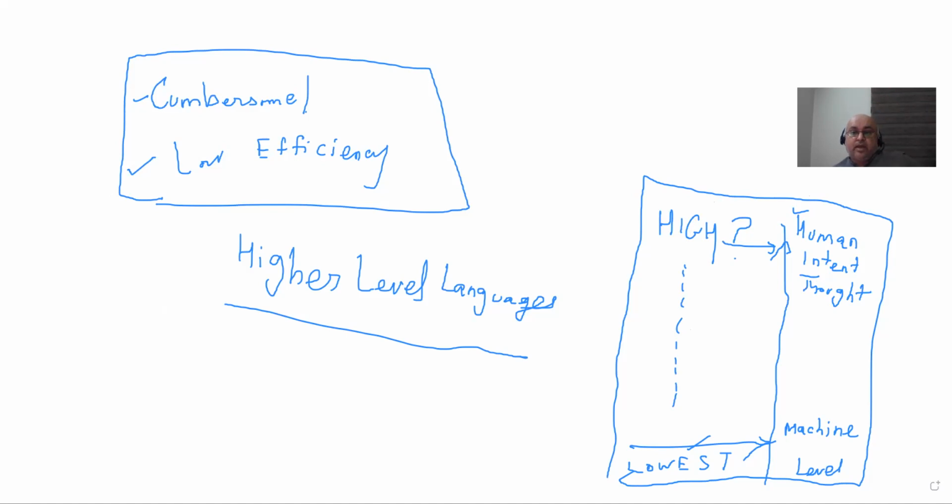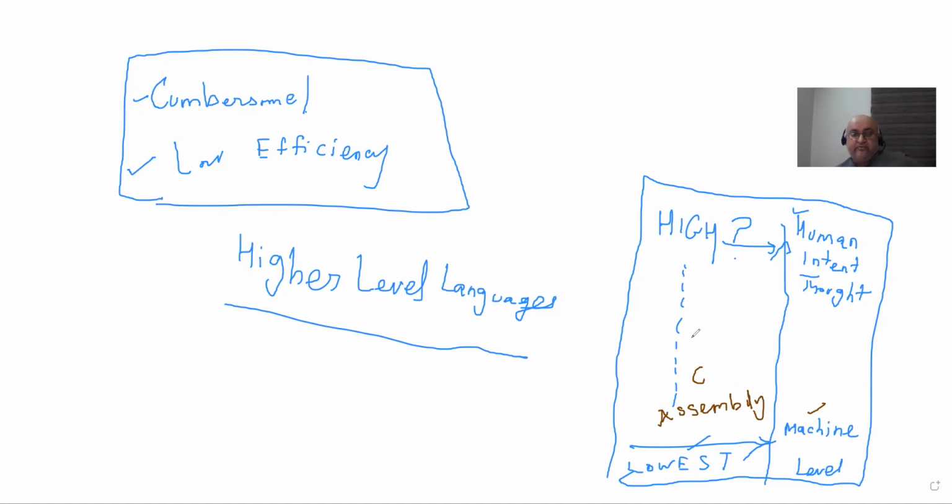So let's have a look at how different languages score on this scale. So the lowest is, of course, machine language. After that, we have assembly language. And C is pretty much the next guy. So assembly is higher than machine language. C is higher than assembly language.